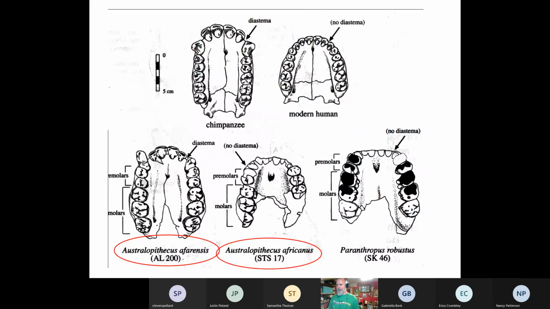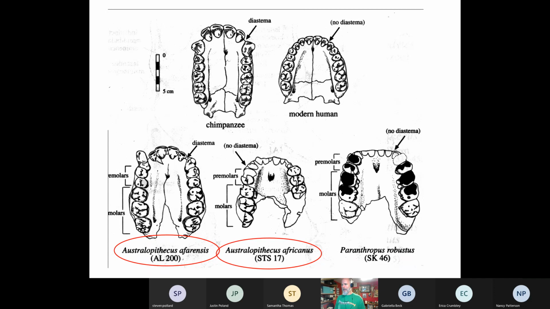Australopithecines, like I mentioned, are big-toothed bipeds, and as you see, the diastema in Africanus is not there. In Afarensis, it is there.